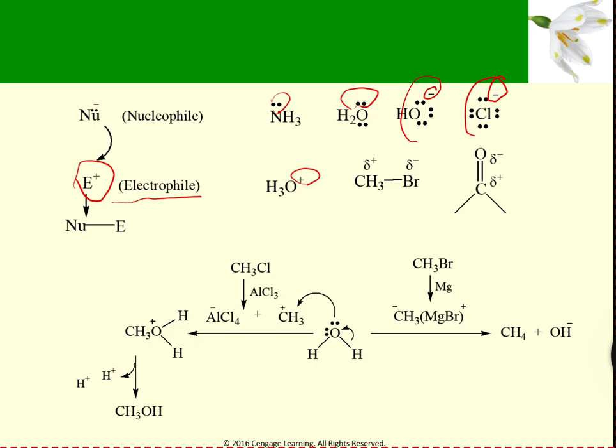For example, here H3O plus is an electrophile. Also, the electrophilic atom in H3O plus is H plus. In this case, CH3Br, the delta plus is on the carbon here. So this carbon is the electrophilic center.